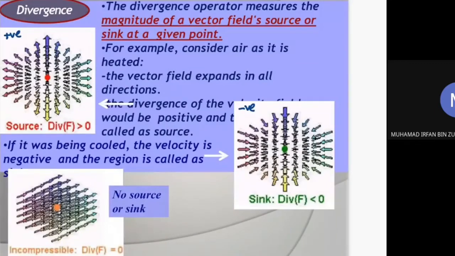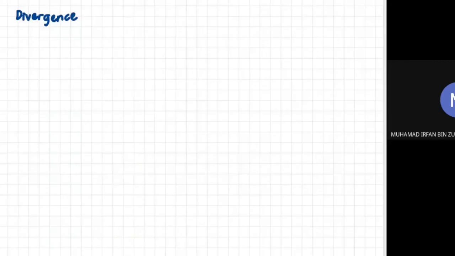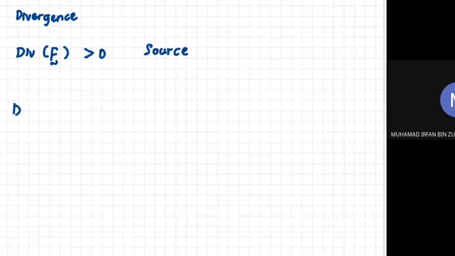And we call it incompressible when divergence F is equal to 0. So when divergence F is equal to 0, there is no source or sink. When divergence F is greater than 0, we call it a source. When divergence F is less than 0, we call it a sink.